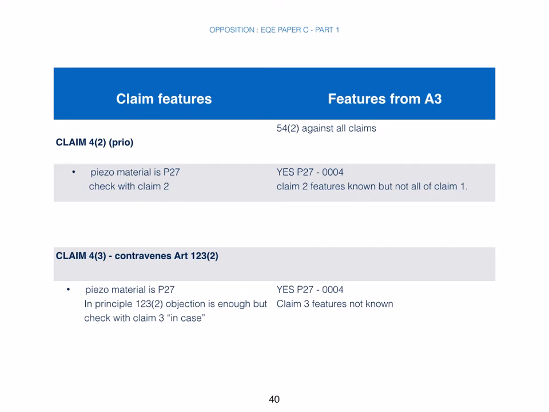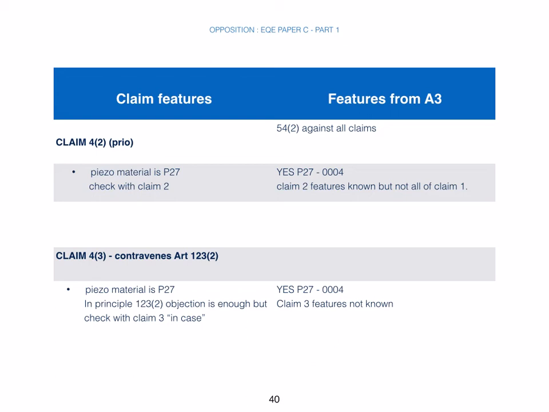Piezoelectric material, P27, is it in A3? Yes, paragraph 4. And that applies also for claim 4.3, although that is of lesser importance. So with feature 3, we have the features of claim 4.2.